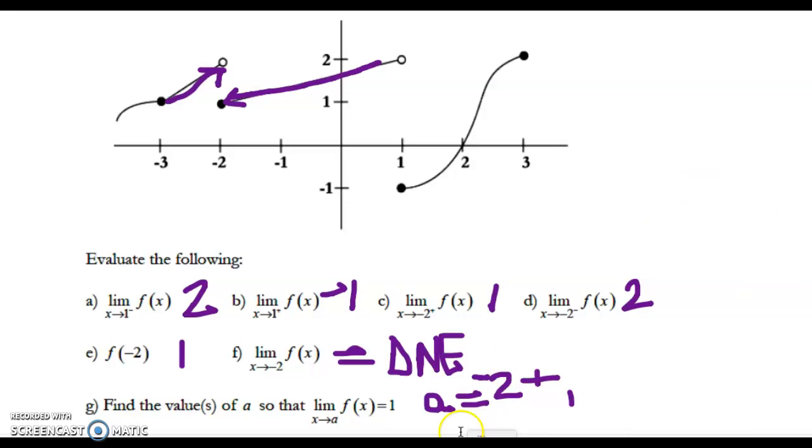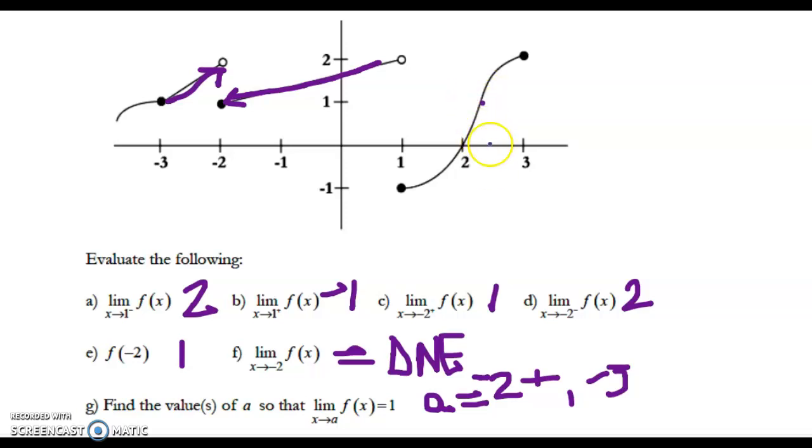Where else would work? Let's see. Here we could say over here at x equals -3, the limit exists and equals 1, so we could say a could equal -3. Sorry for my writing here. And where else will I have a target value? Well, right about here, it looks like I have a value of 1.